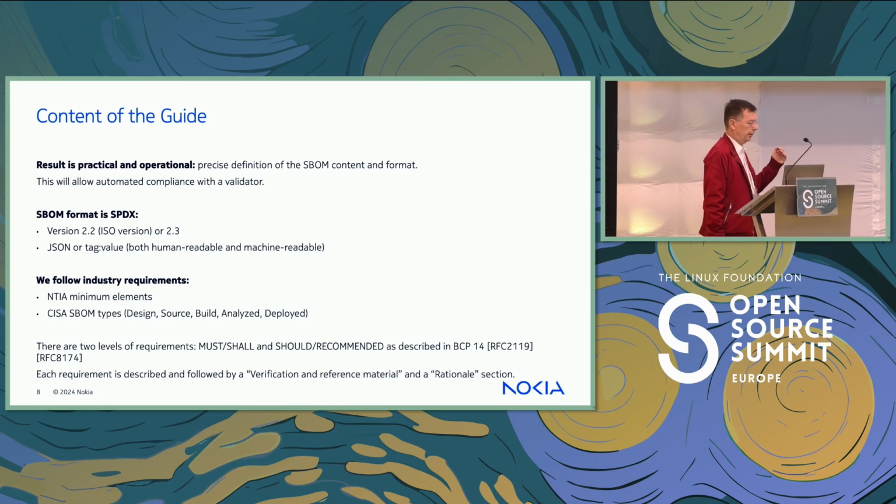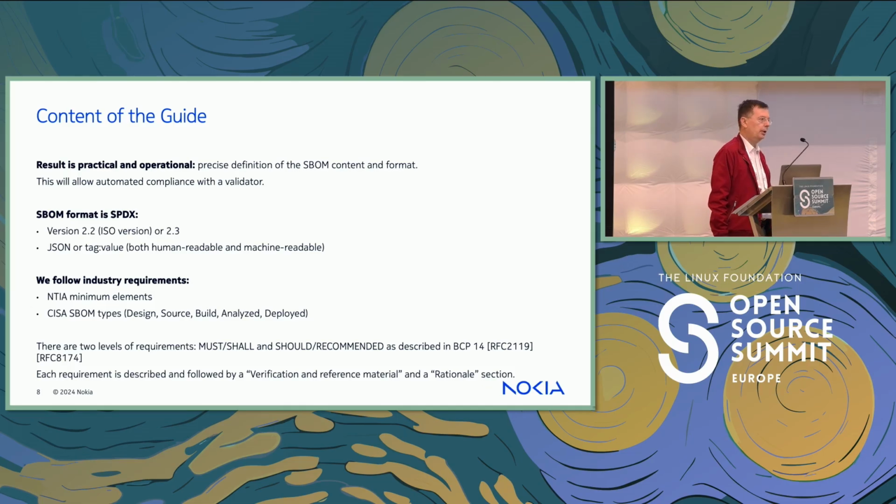So we have a list of requirements, and for each requirement, we provide a rationale explaining why we have given this requirement, and we have also a verification and reference material section giving references.